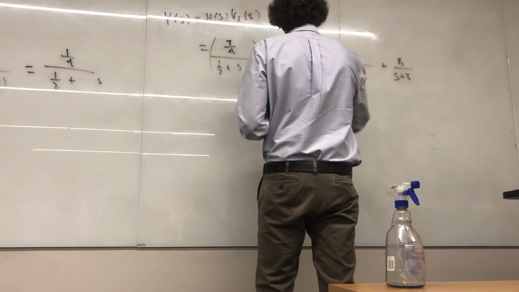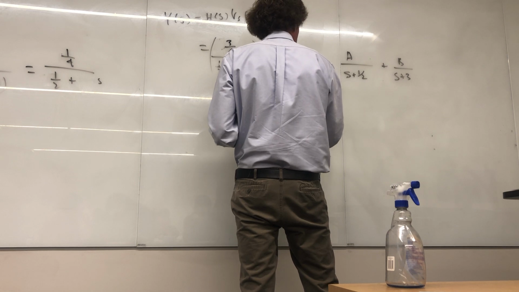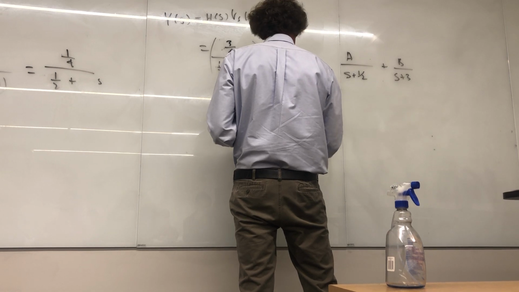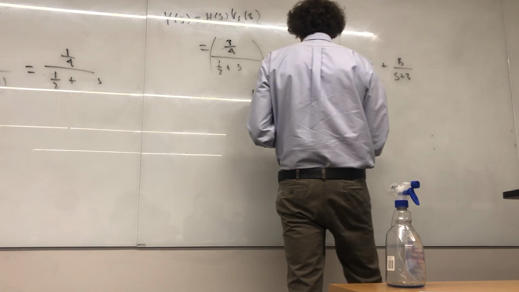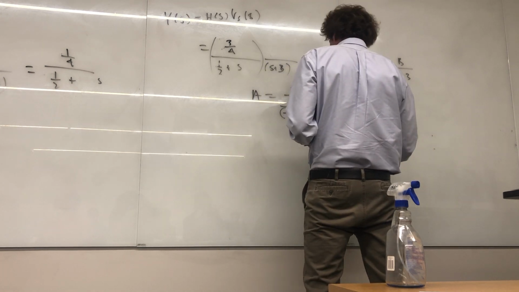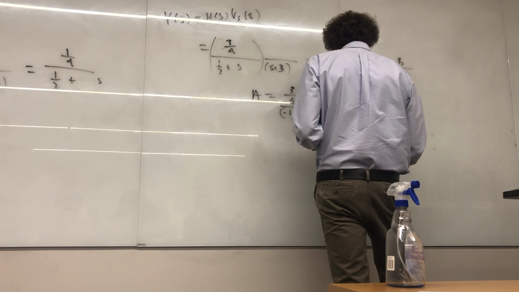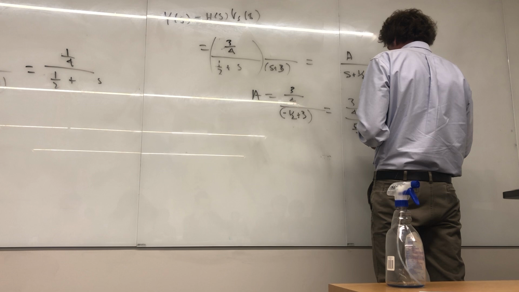Let me do it this way. It's going to be 3/4 divided by minus 1/2 plus 3, and that would be equal to 3/4 over 5/2. So top and bottom by 2.